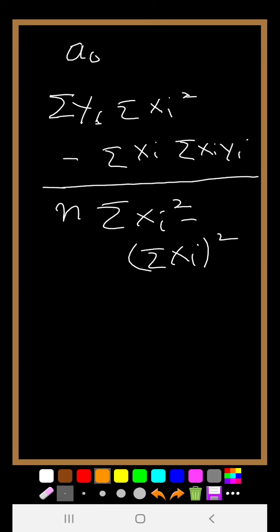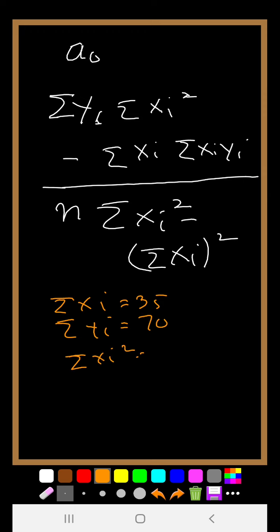So our obtained values are as follows. We have summation xi equal to 35, summation yi equal to 70, summation xi square equal to 227, and summation xy equal to 453.